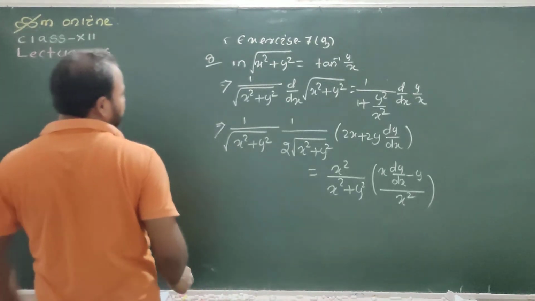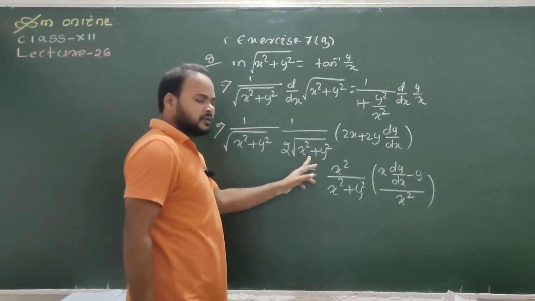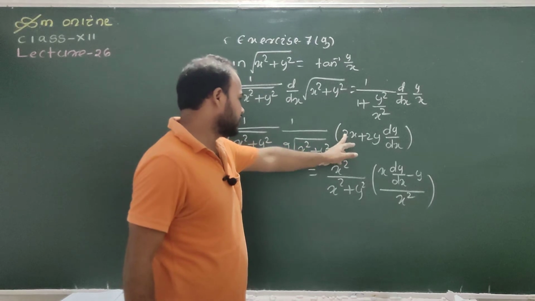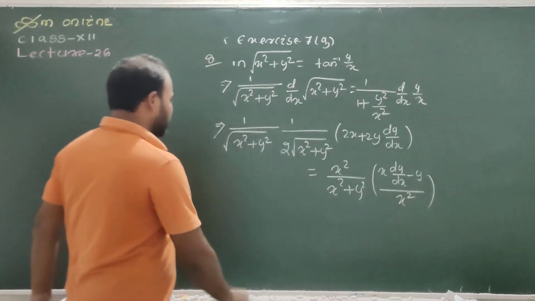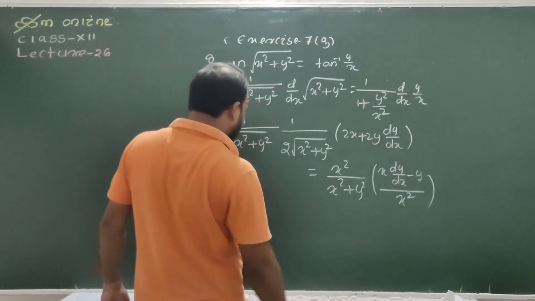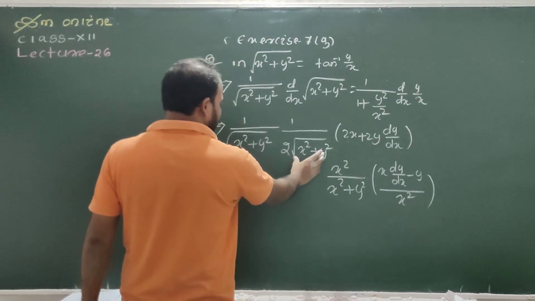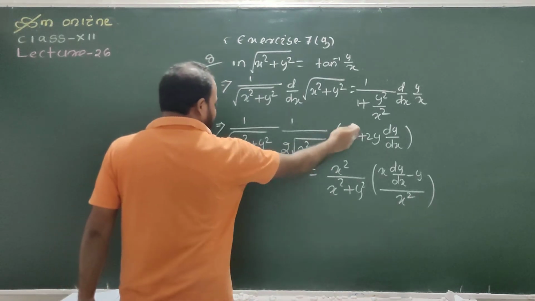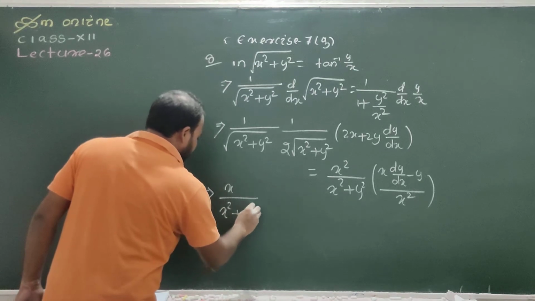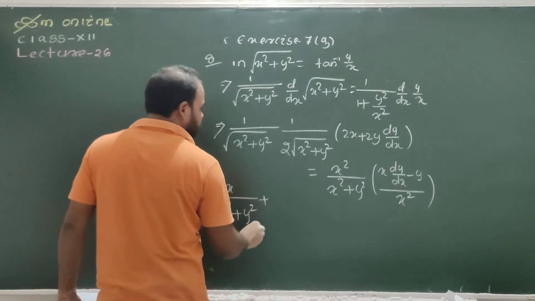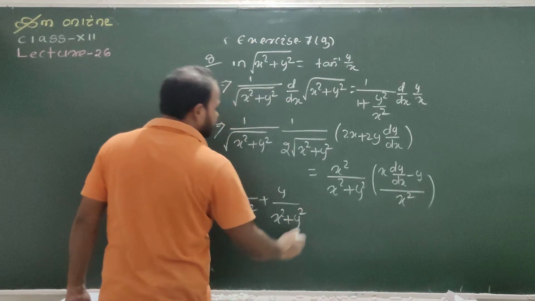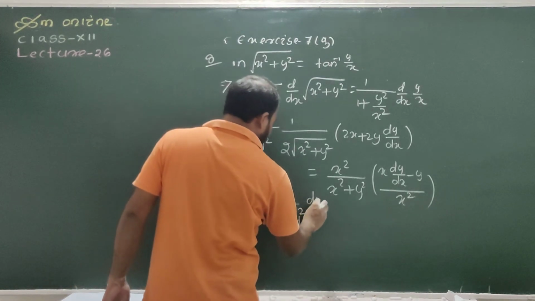This is equal to the root of x square plus y square into the root of x square plus y square, which cancel, and taking 2 as a common factor, the 2 cancels. So finally, after opening the bracket, we get x square plus y square, this 2 cancels, so x upon x square plus y square, plus y upon x square plus y square dy by dx.